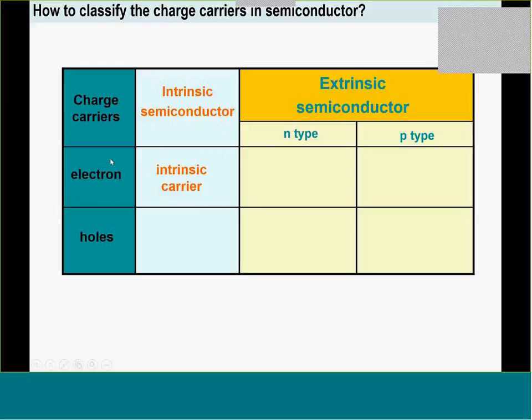If we look at electrons in an intrinsic semiconductor, the electron comes from the semiconductor itself, so it's an intrinsic carrier. And holes come from the semiconductor too, so they are intrinsic carriers also.